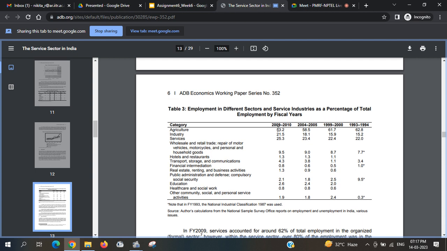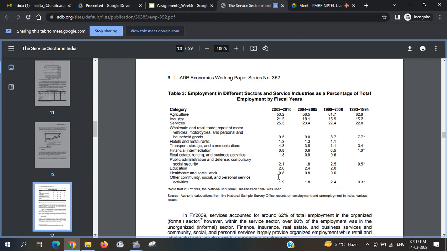So for example, you can see here although the GDP contribution of agriculture has declined over time, the employment in the sector has not. It has increased over time, which is concerning for an economy, as the GDP contribution decreases but the people employed in the sector increase. Similarly, you can see for the industrial sector as well, and the services sector.